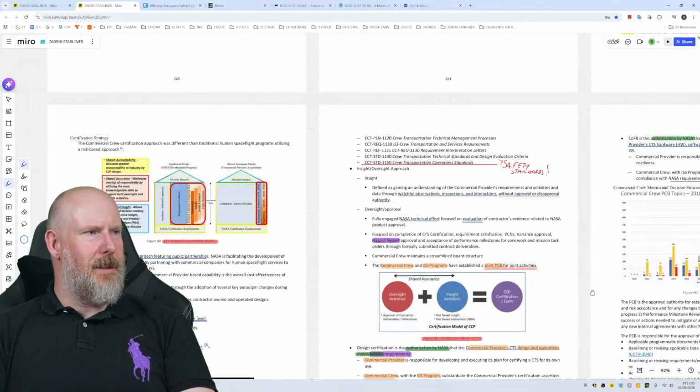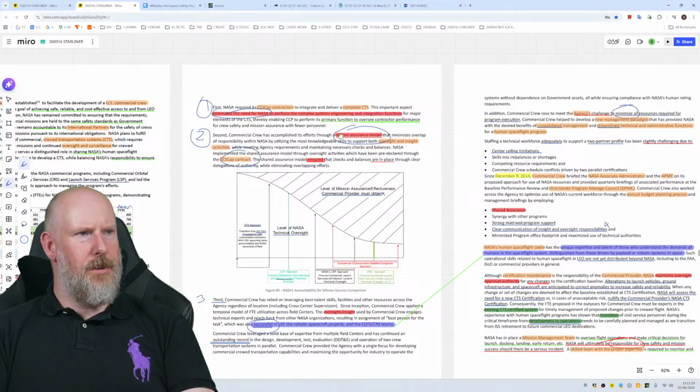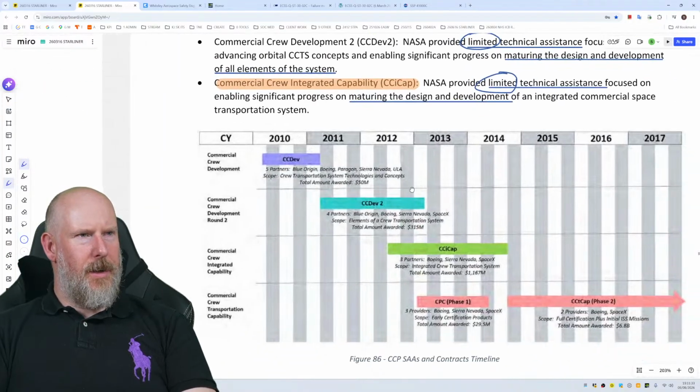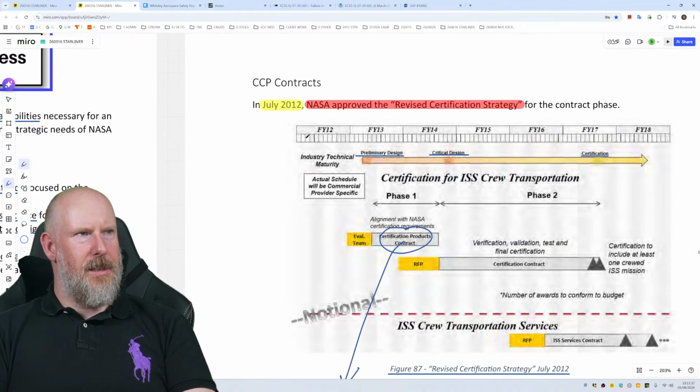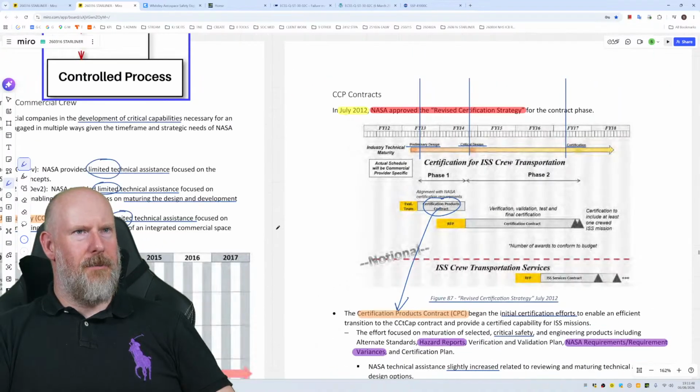Which is interesting because it said earlier on that they were doing loads of stuff during the 2010 to 2014 time period. And then from the 2012 period, they were doing preliminary design review and critical design review, 2013, 2014 to 2017.